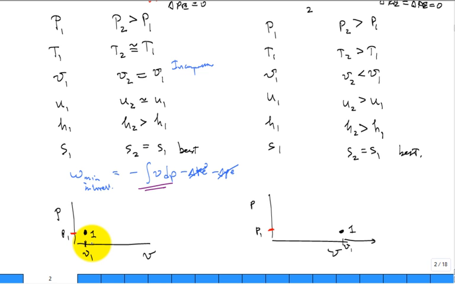All right, for comparison purposes, we'll take them both up to the same exit pressure. So we're trying to make a pretty good comparison. The easier one is for the pump, isn't it? Because does the specific volume change? No. So what happens? There's state 2. And what's the process look like on a PV diagram? Straight up to state 2.